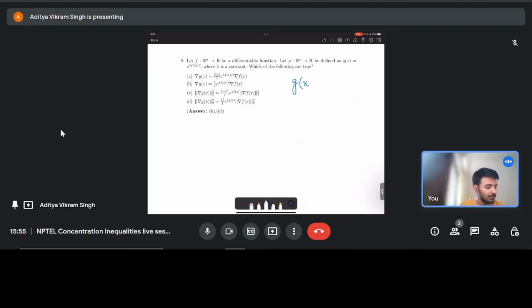We apply the chain rule. First, we take the derivative of the exponential function, which gives us lambda by 2 times e power lambda f(x) by 2.